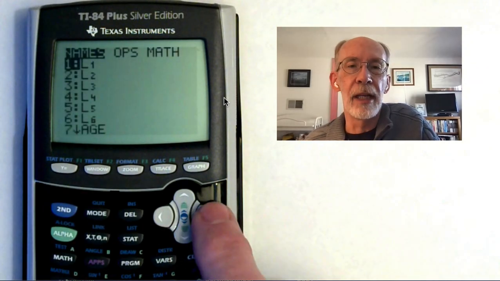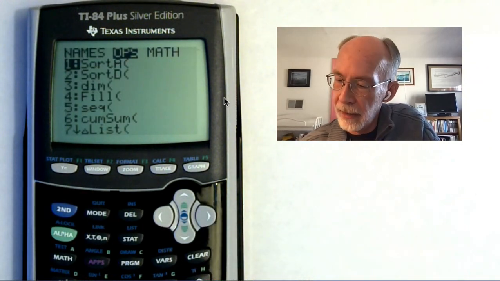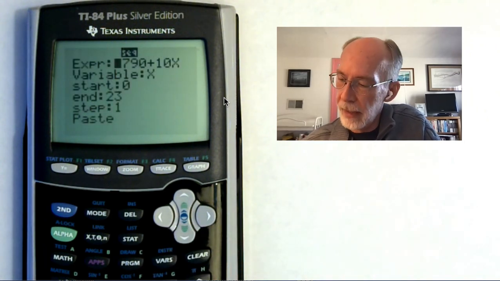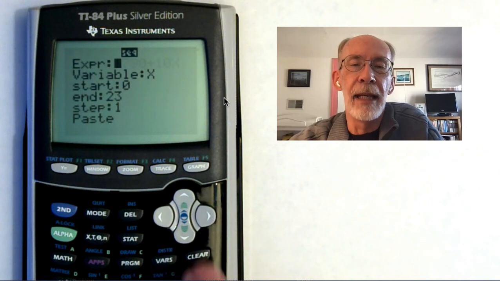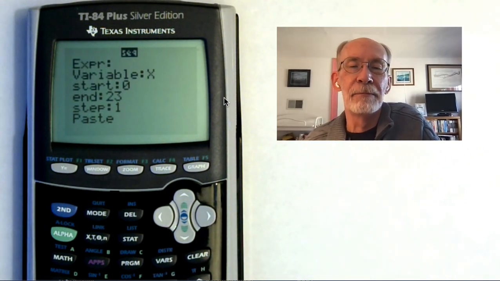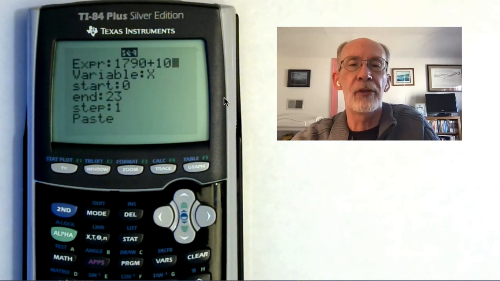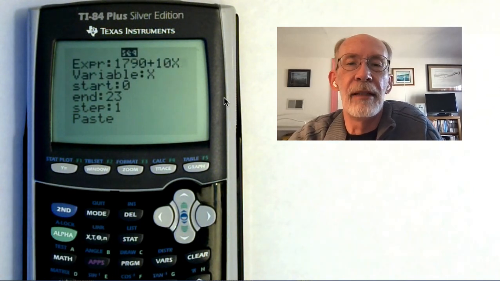I'm going to go second stat for list, over to the ops menu where we just were, and down to the sequence command. And when I do that, I get a dialog box. And I've sort of given myself away because I was playing with this ahead of time. But you enter some expression, and our expression is going to be 1790 plus 10x, because we want to start in 1790 and go up every 10 years.